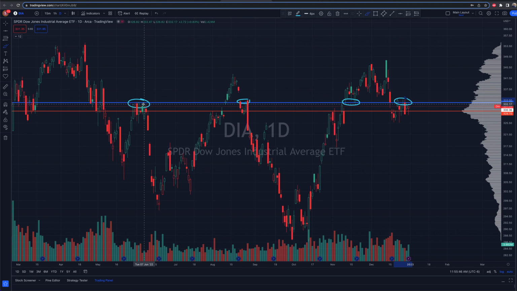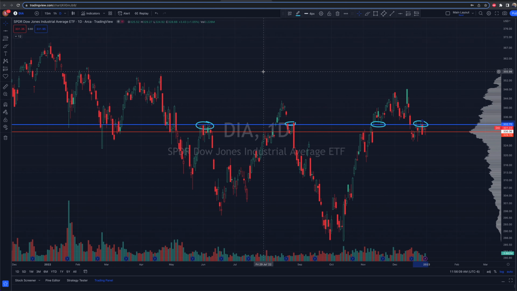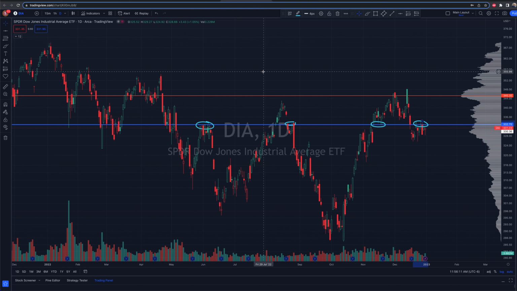You can put that horizontal line on your charts and extend it, and then watch how price reacts at that level again in the future. It might be a really good piece that you can add to your arsenal, or an edge, as we call it, to have a better idea for where the market may go in the future. So keep that in mind. That right there is resistance, and we'll go with trend line resistance in a second as well.